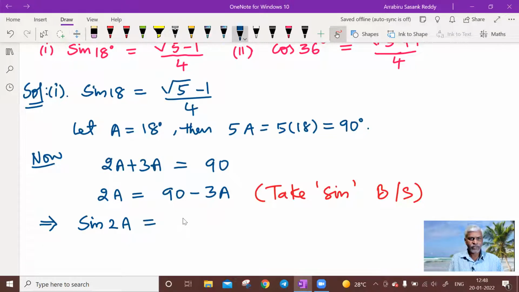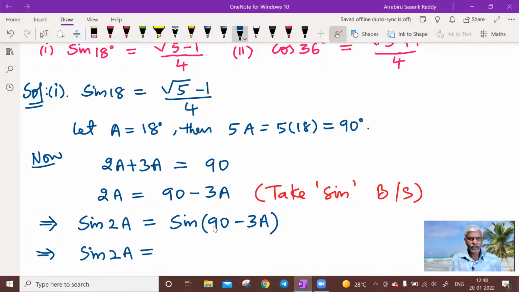Sine 2A is equal to sine 90 minus 3A. So sine 2A is equal to sine 90 minus theta is cos theta.